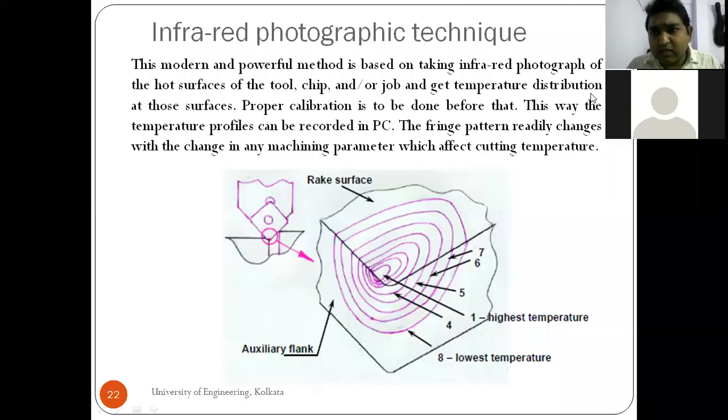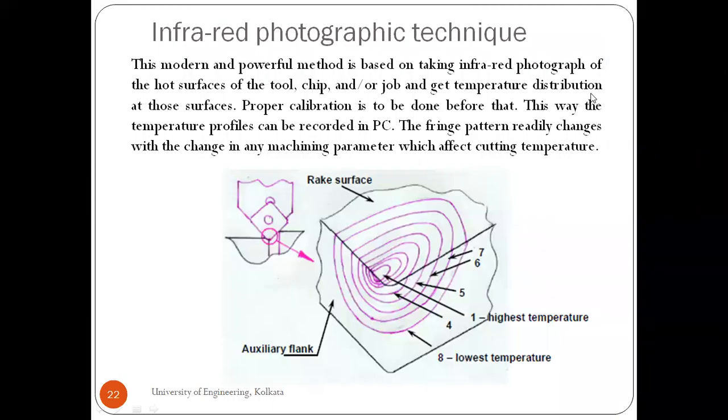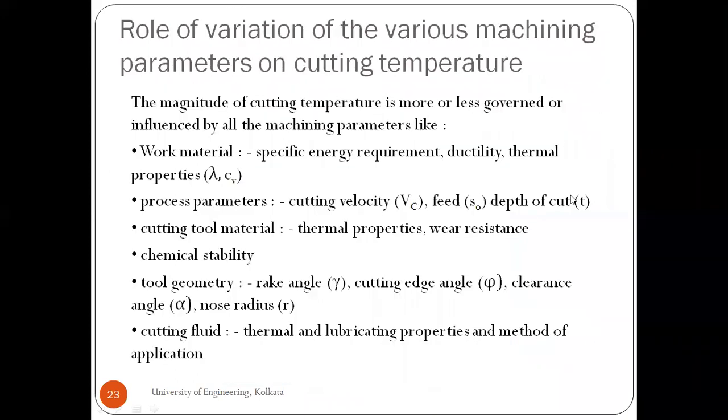So we were at this slide in the last class, and I'll continue from here. The role of variation of the machining parameters on cutting temperature.